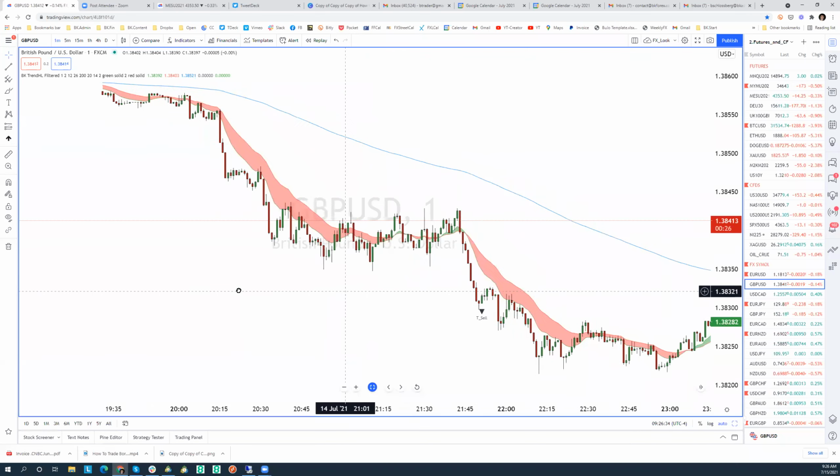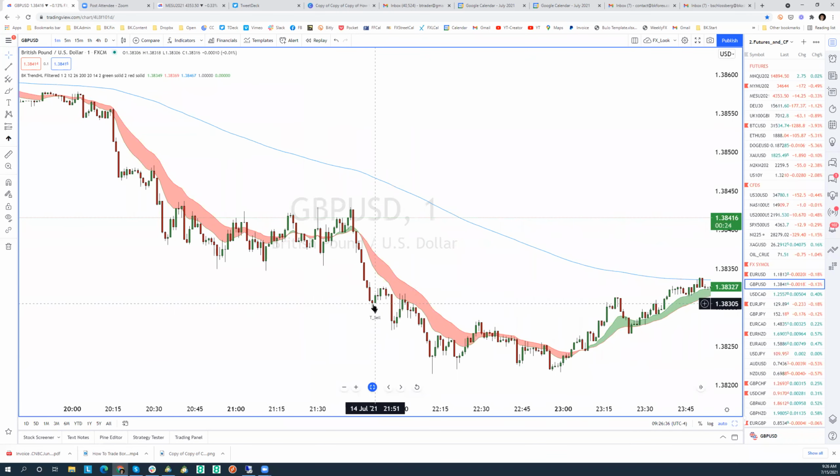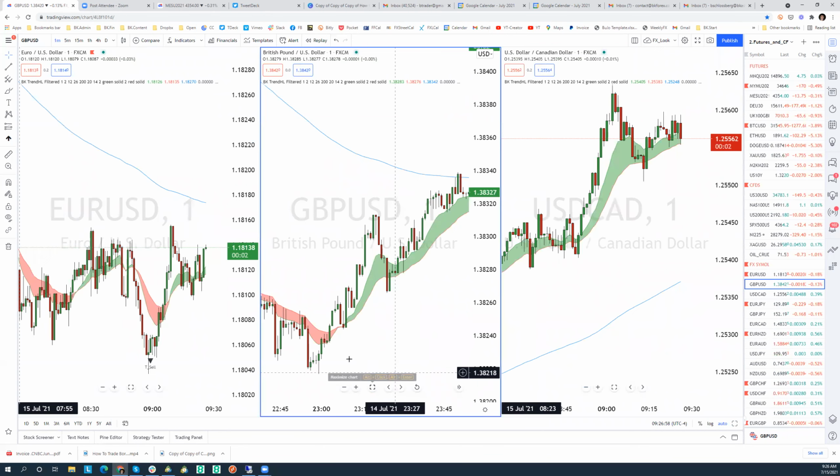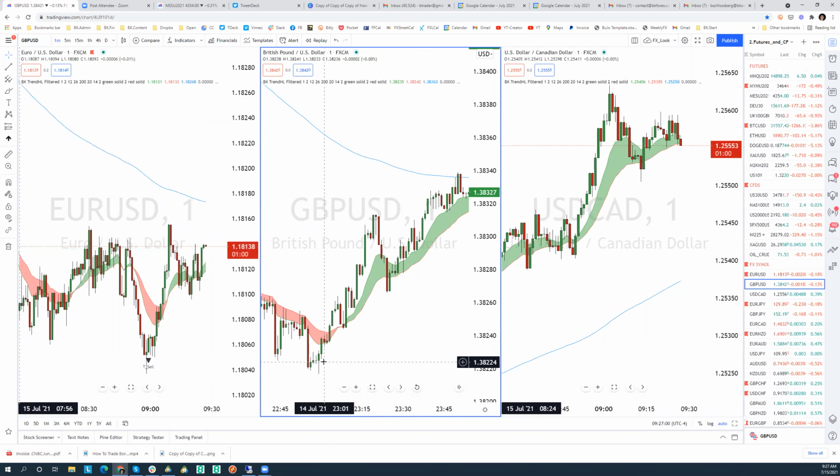We didn't have any signals until about 2045, and they were pretty much at the upper end of this decline. But if you were just not greedy, went for 5 points. Actually, cable was good for, this is a 31 entry, and went all the way down to 21. So it was good for 10 points. But if you were just not greedy and took 5 points on that trade, it was a nice clean trade. So even in cable, it could have worked totally.